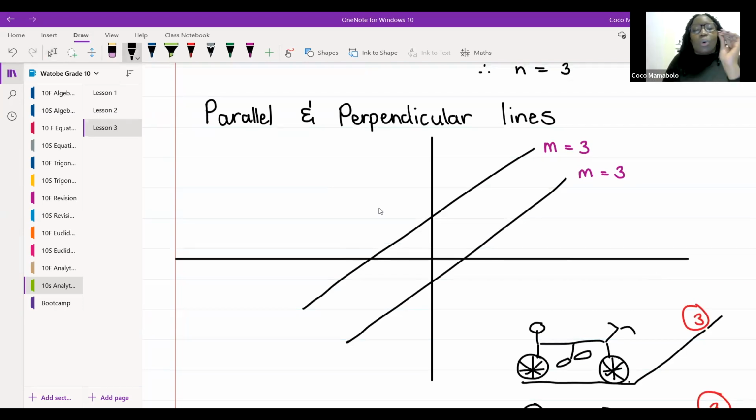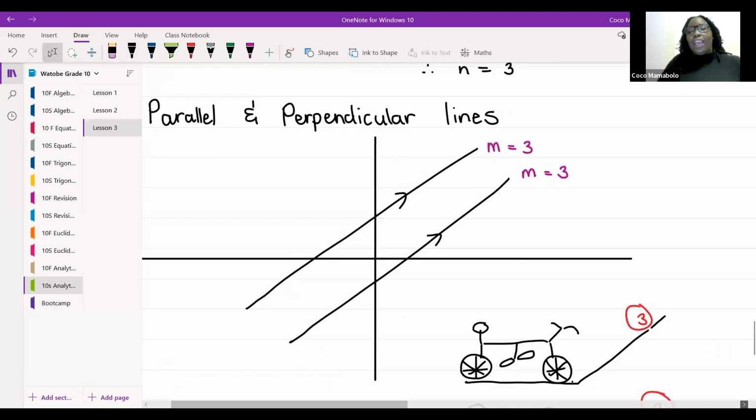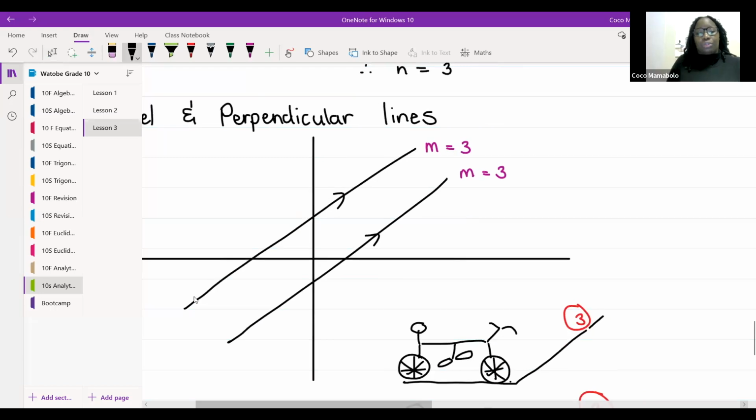That they are parallel. Okay. So we can make the conclusion that if I tell you, I'm going to call this AB and I'm going to call this CD.